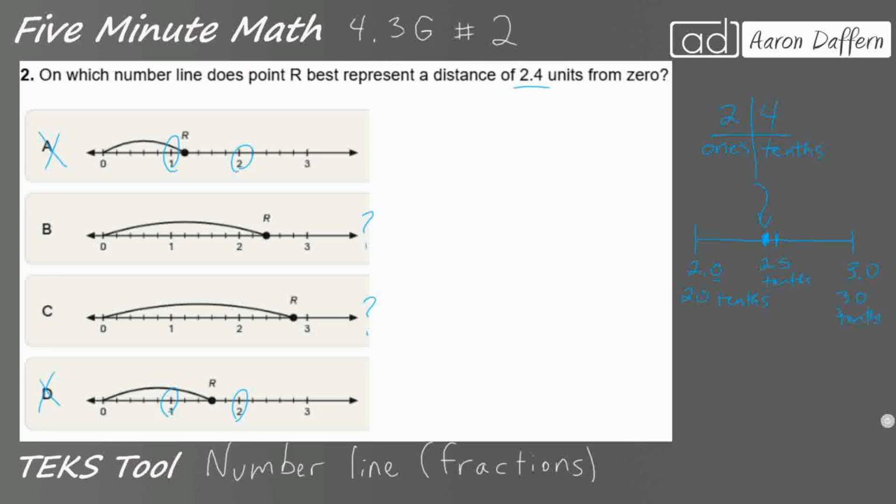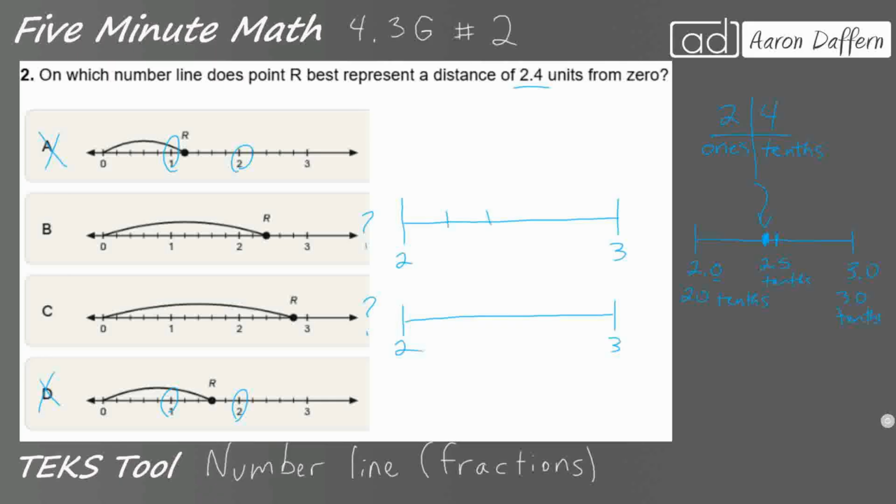Hopefully you notice that what we have here is not necessarily tenths. Take a look. I'm going to kind of recreate what we see here for C and for B. All right, so we've got 2 and 3 for each of them. What we have are 1, 2, 3, 4, 5 spaces.